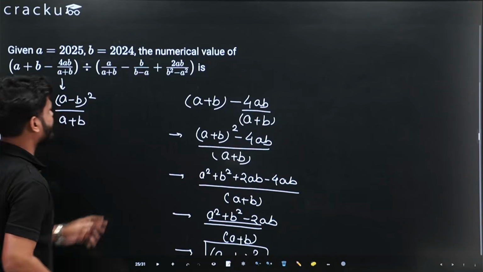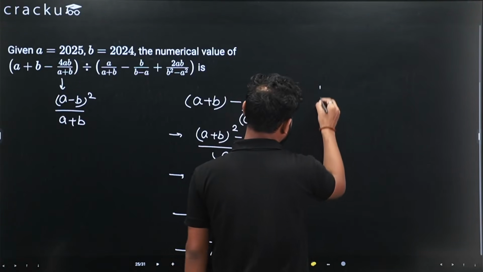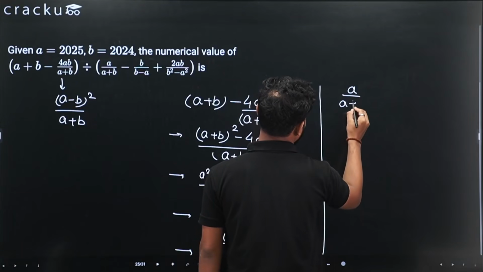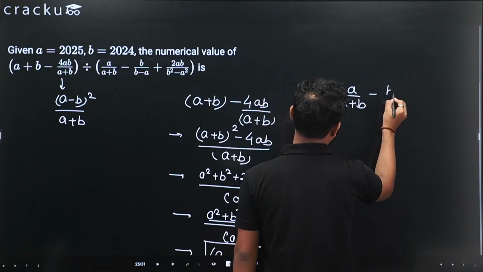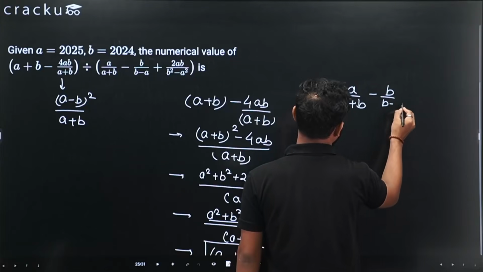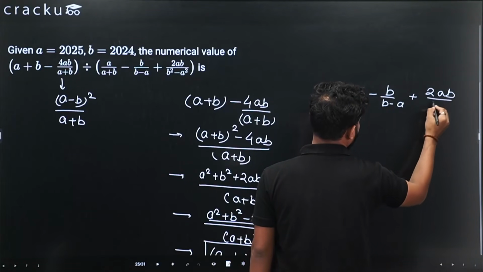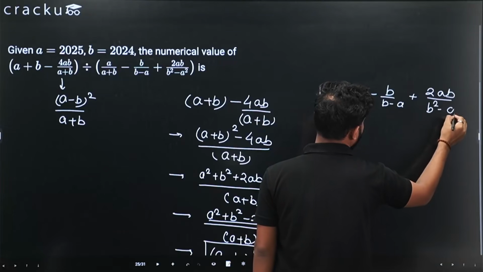Let us solve the second one. It is A upon A plus B minus B upon B minus A plus 2AB upon B square minus A square.